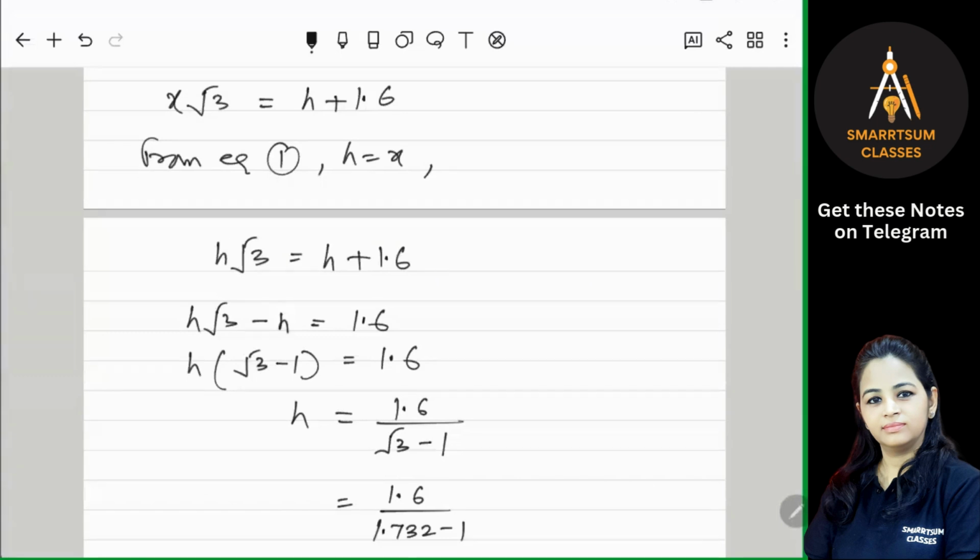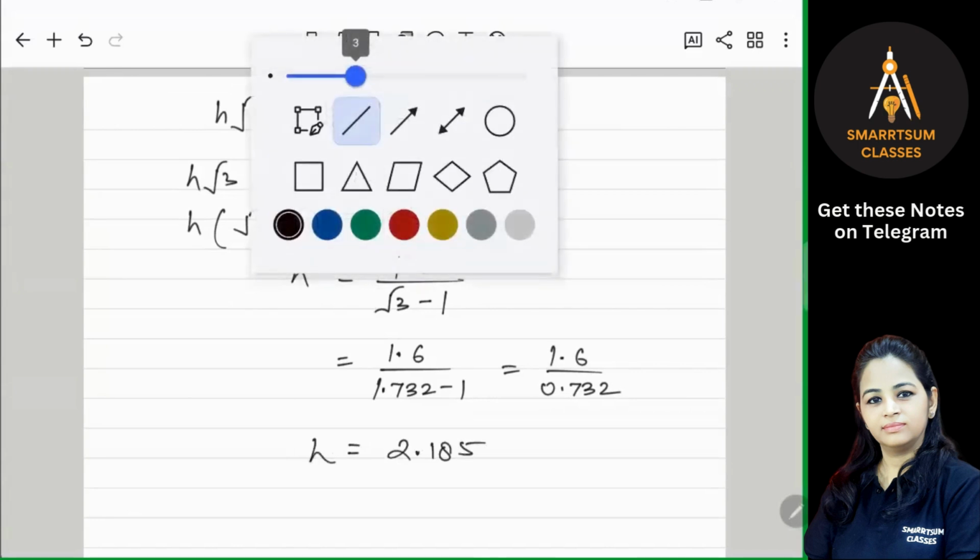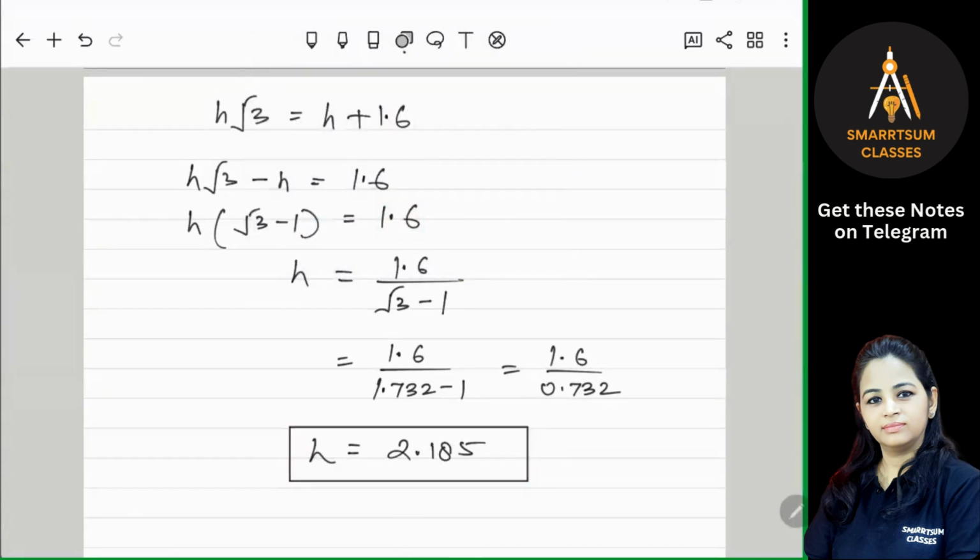So what will it become? 0.732. Okay. Now divide. This is equal to 2.185 approximately. So what is the value of H? H is approximately 2.185 meters. Are you getting this?